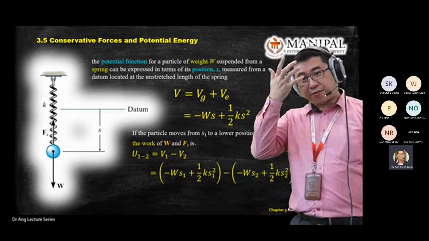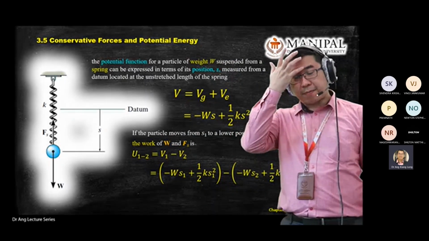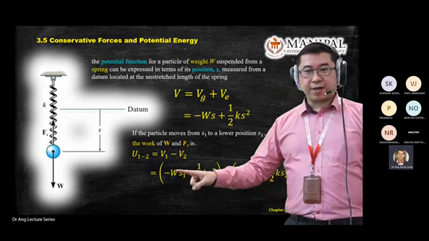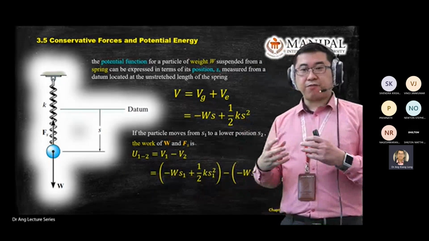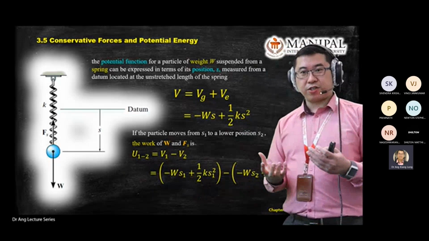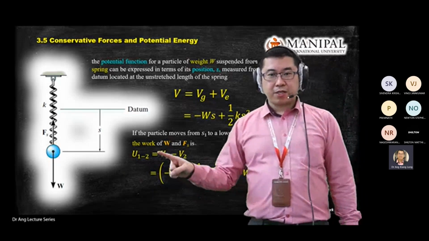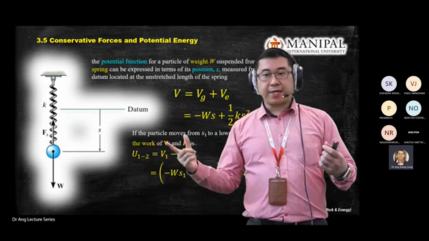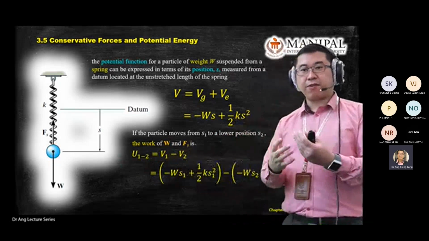Think back to the energy equation. The work done is actually the difference of the energy involved. So the total work done by the system is the difference of energy.